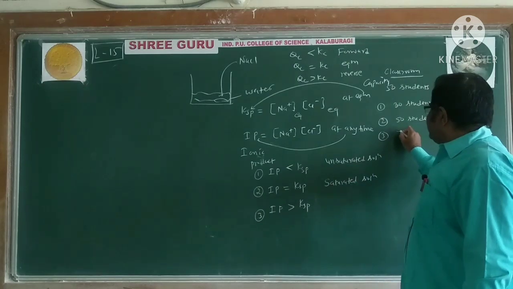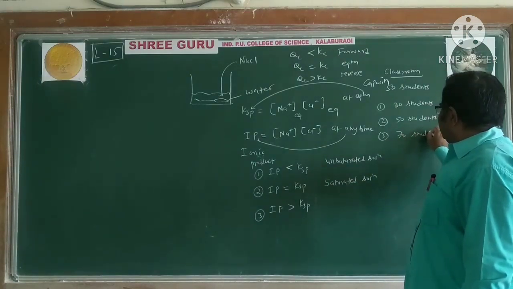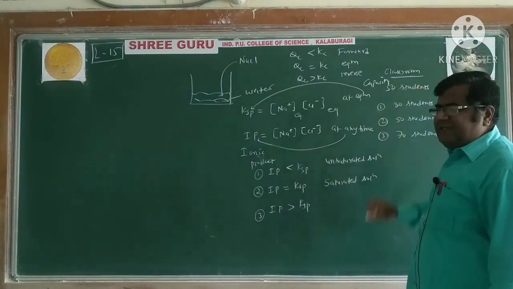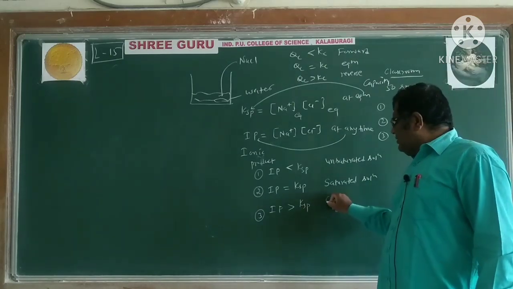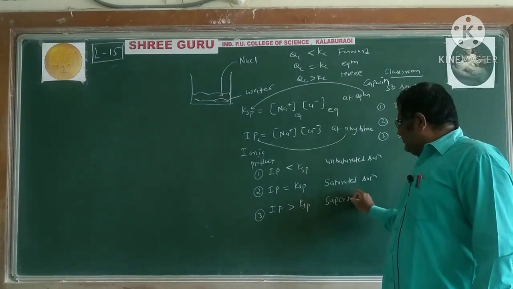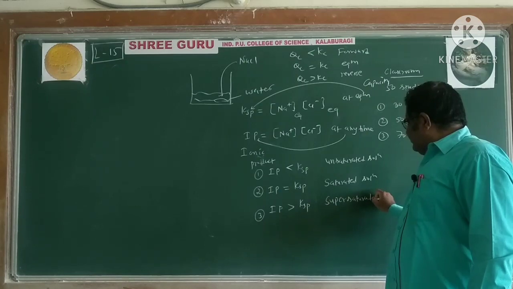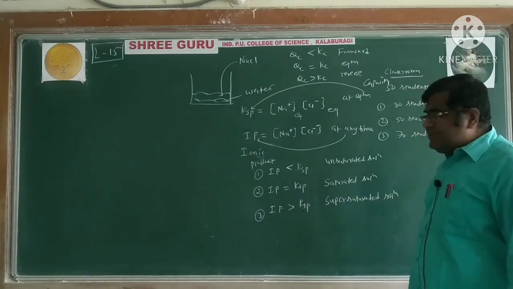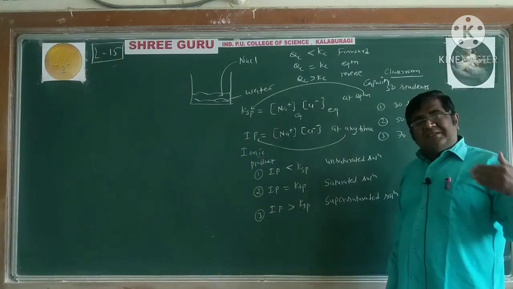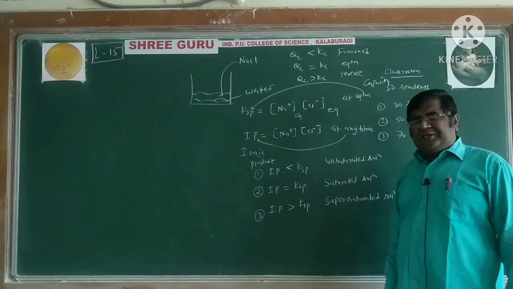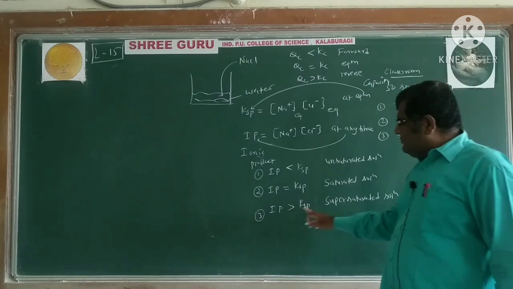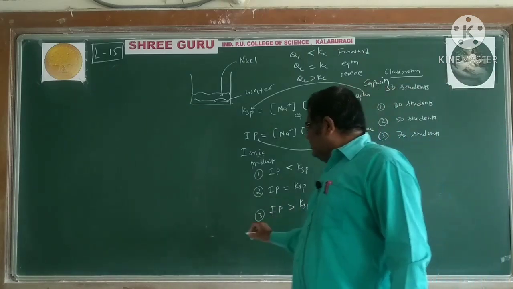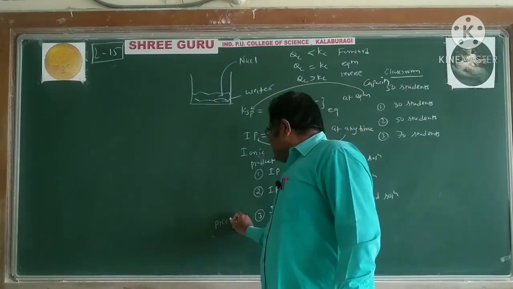If we have 70 students in the capacity of 50 students, we call this a supersaturated solution. It means we added more salt than its capacity. What happens if ionic product is greater than solubility product? Precipitation occurs.